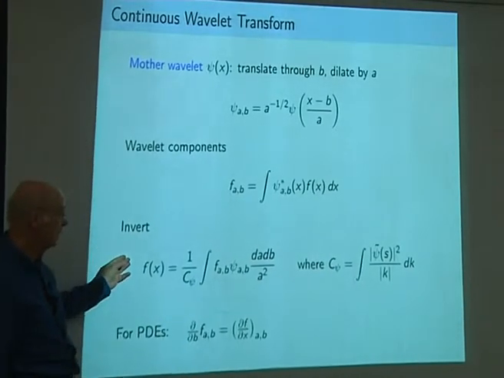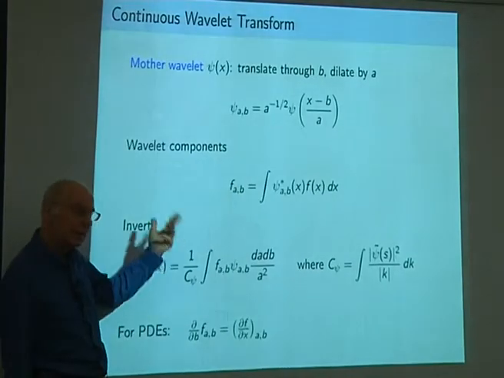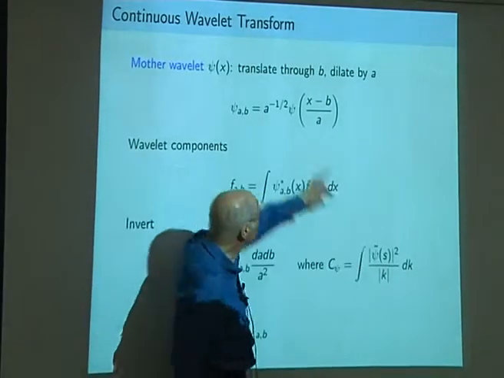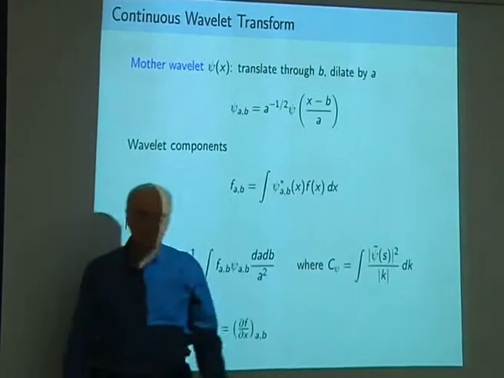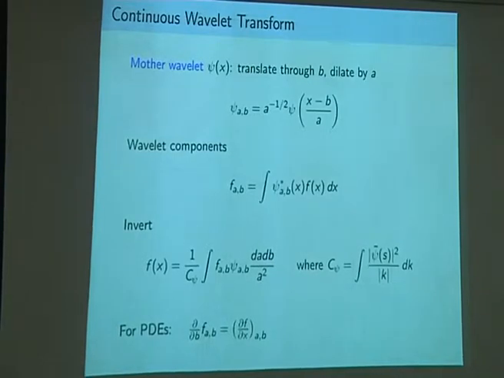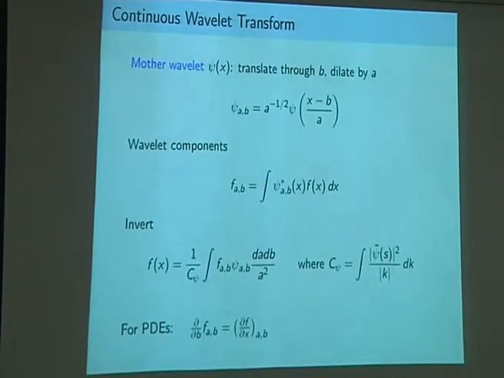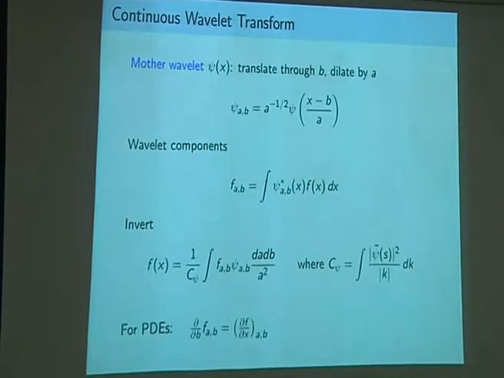And there's a coefficient, instead of 1 upon 2 pi, there's something which is the mother wavelet's Fourier transform squared divided by k integrated. And this integral here only exists if this vanishes at k equals 0. So that s should be k. Correction. That's true, yes.